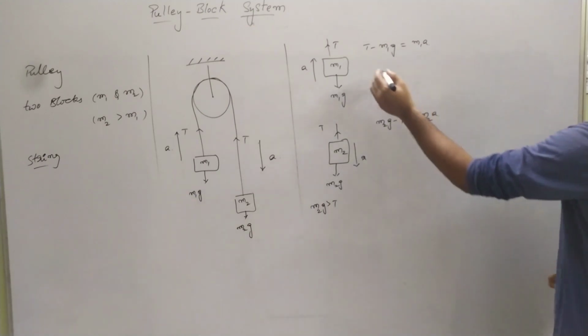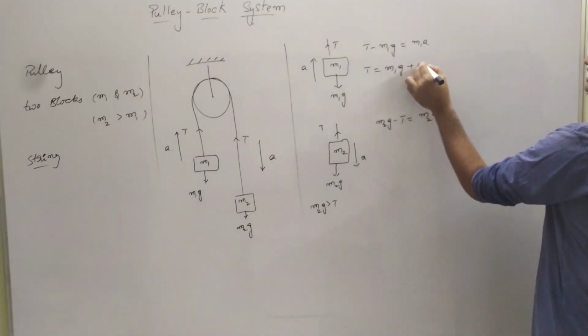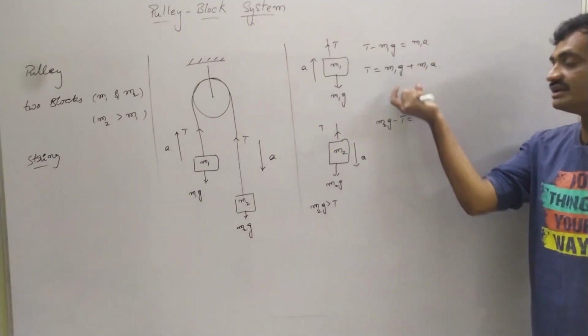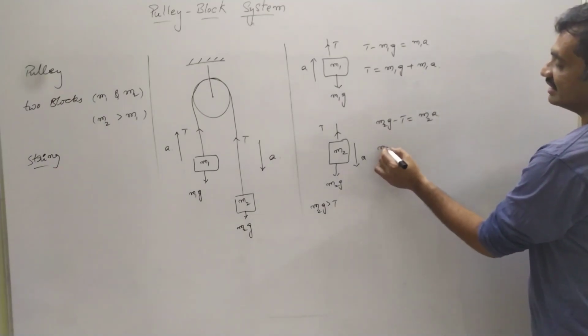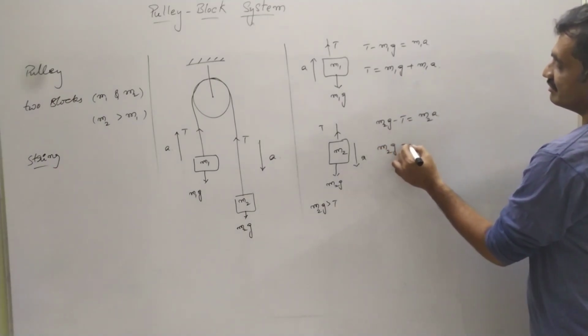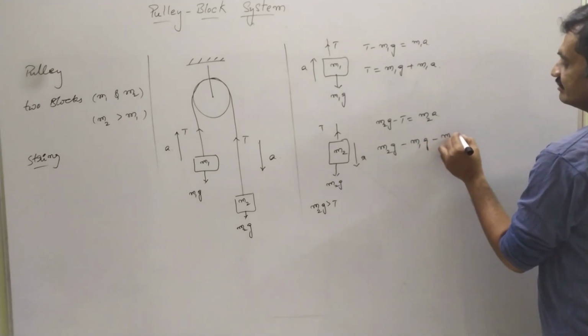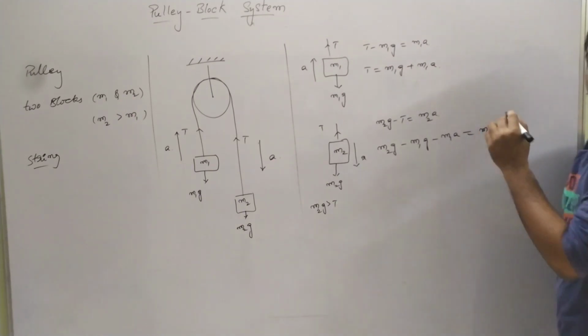Now from this we can represent that T is equal to m1g plus m1a. So we have to substitute this equation in this equation. As we substitute here, we have m2g minus m1g minus m1 into a is equal to m2 into a.